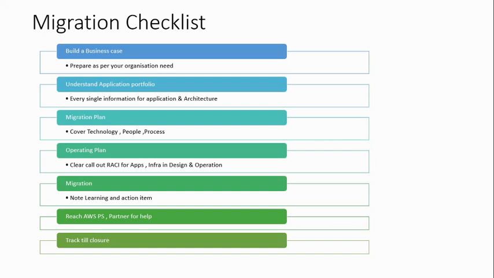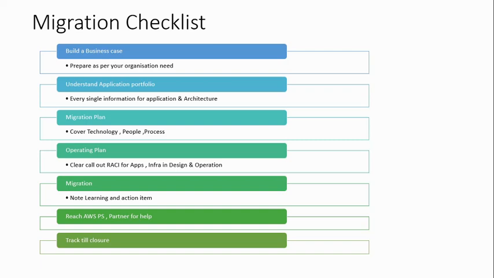Otherwise, you will be missing with the wrong budgeting, wrong operating model, wrong TCO calculation. Then the actual migration plan, then the operating plan, with a clear operating model which defines who will own what during this entire migration: pre-migration, during migration, and post-migration.